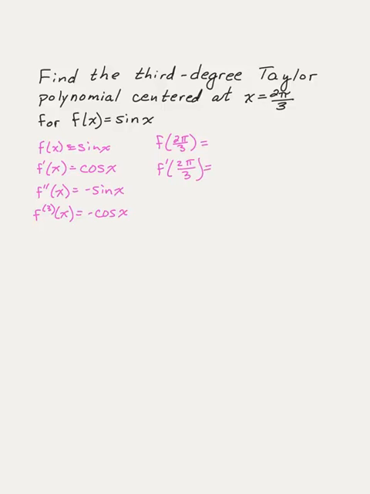All right, so the sine of 2 pi over 3 is equal to root 3 over 2. Cosine of 2 pi over 3 is equal to negative 1/2.